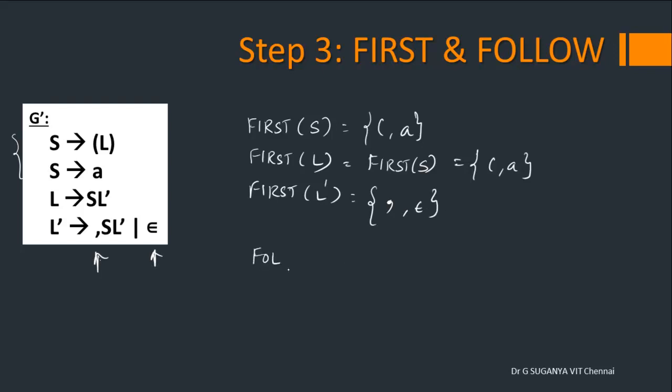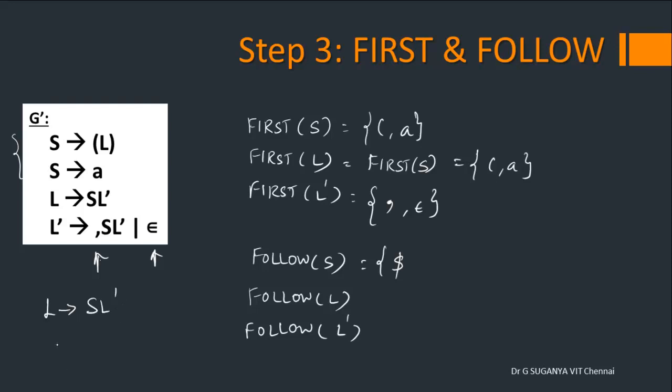Coming to follow: follow of S, follow of L, follow of L dash. Follow of S has dollar. Since S is a start symbol, we have included dollar. Check whether S is followed by any other symbol. Yes, it is. S is followed by L dash. If you look at L gives S L dash and L dash gives comma S L dash, in both cases S is followed by L dash.